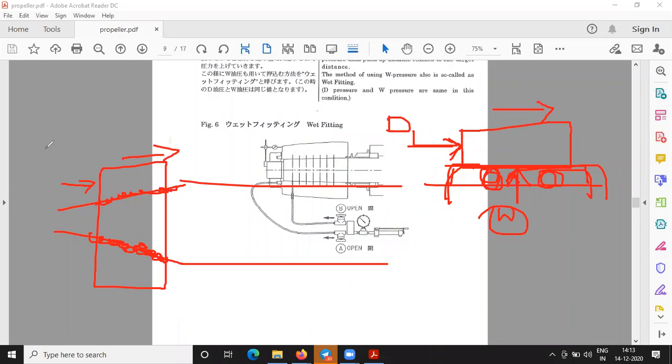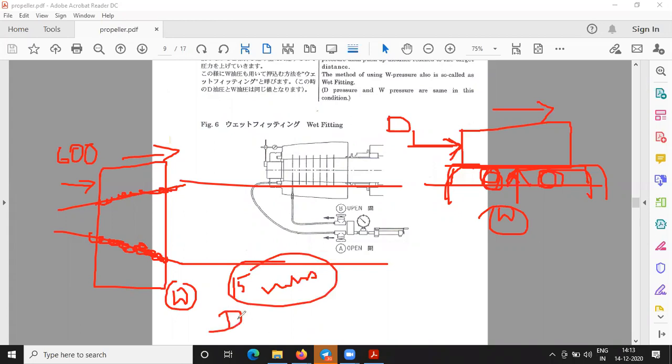Suppose I have given a final pressure of, say, example 600 bar. First thing what I will do, I will remove the W pressure, wait for 15 minutes, and I will remove the D pressure. So when I remove the D pressure, the deflection gauge, what it was reading here, should not now divert. If it diverts, what happens? The boss has been coming back, which we don't want.